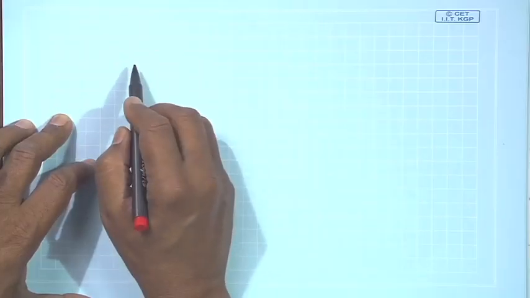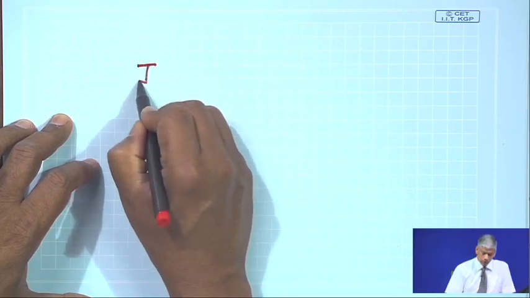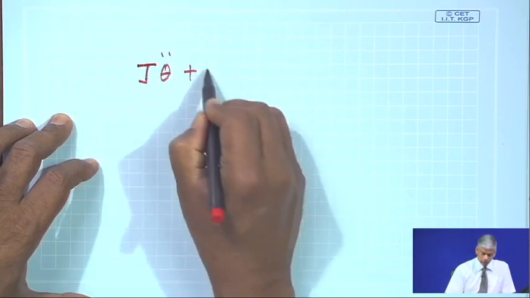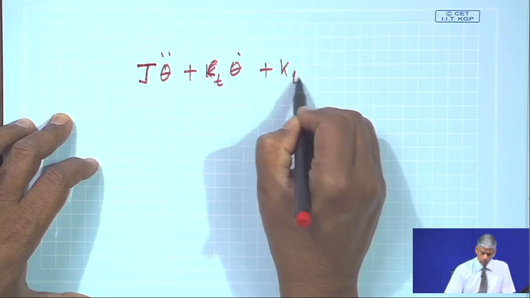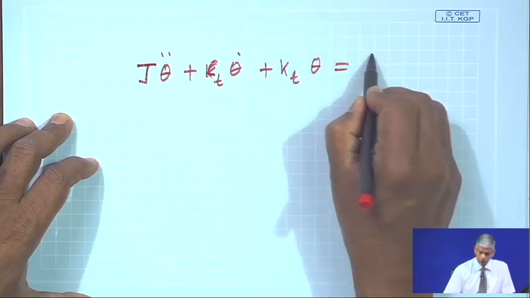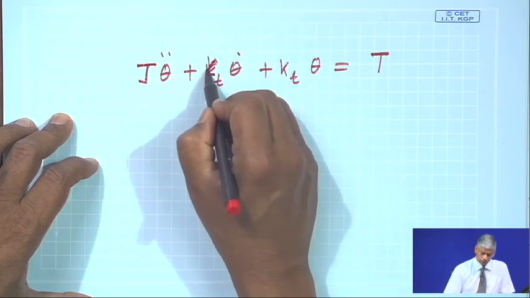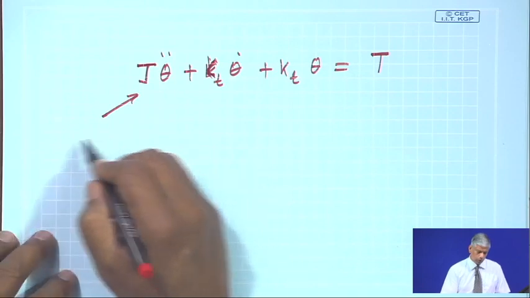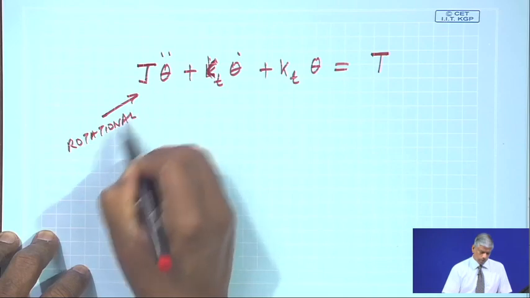But then there are many instances where I have discussed this for a case of a linear system, but the same vibration will also hold true for a rotational system. Some external torque T. So, this is the rotational inertia.